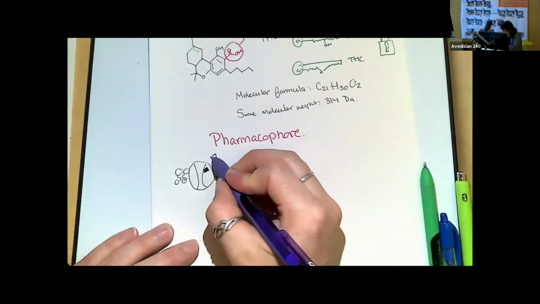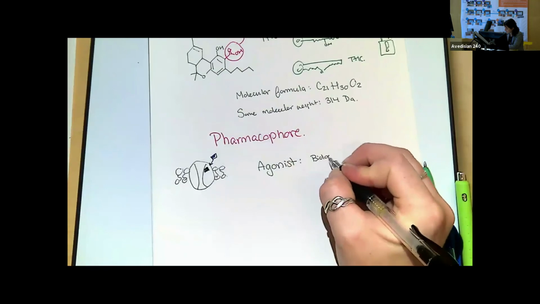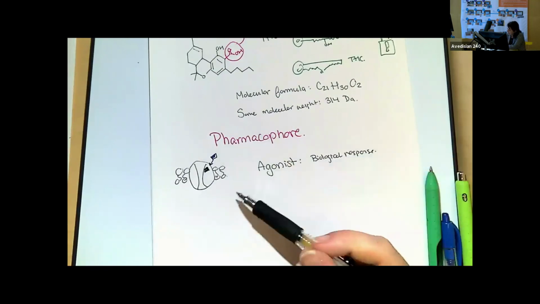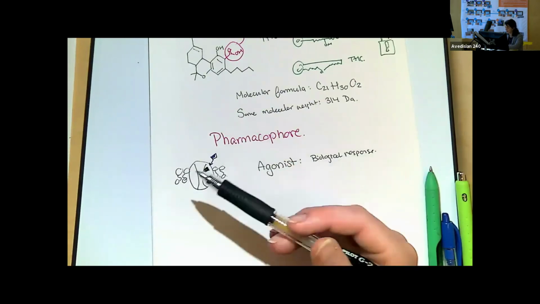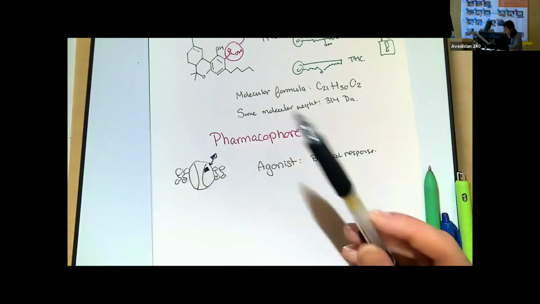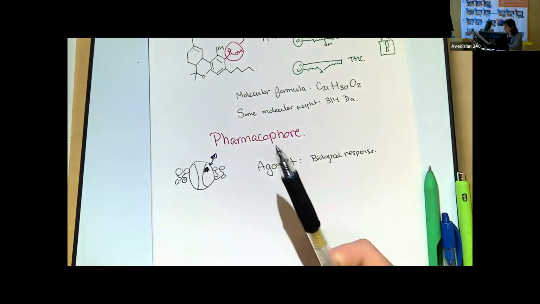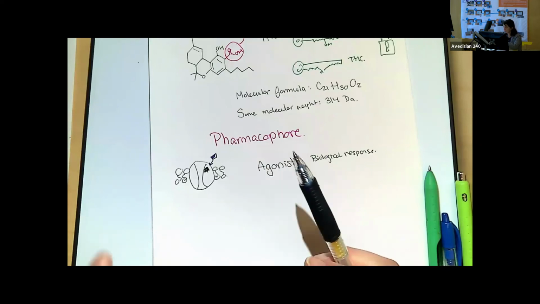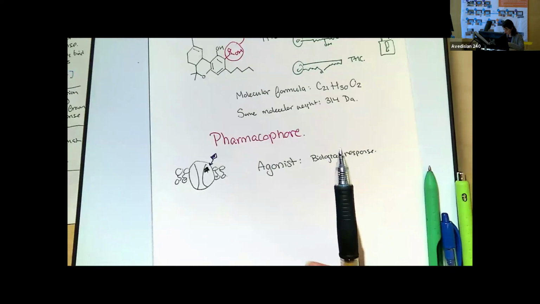So if the agonist is present, it's going to bind in that specific location, and it's going to cause a biological response. And this site is typically where the endogenous molecule would also bind. So for example, if anandamide bound to the specific location and caused an agonist response and some biological response, that's also going to be where THC would bind as an agonist and cause a similar response.